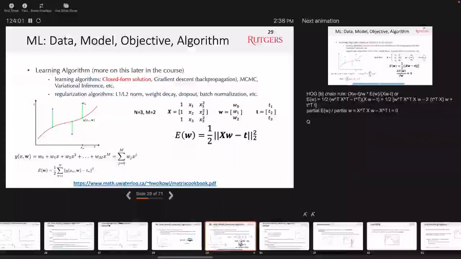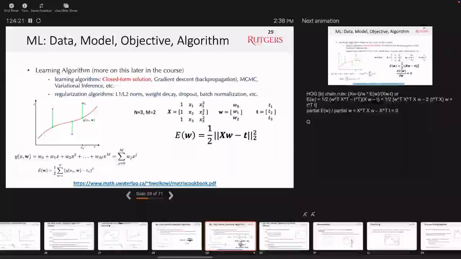And we're going to subtract T, which is T1, T2, and T3. So this is what we have if we do X times W minus T.